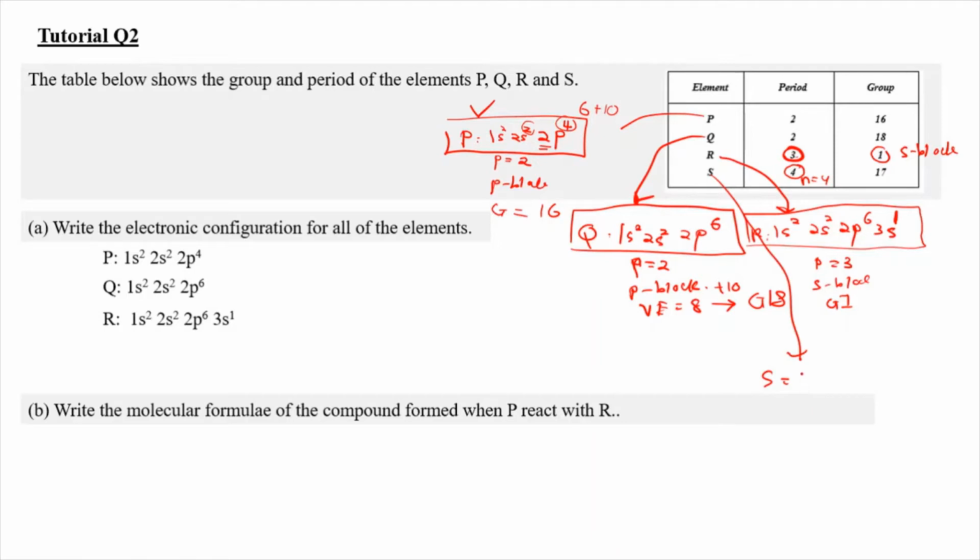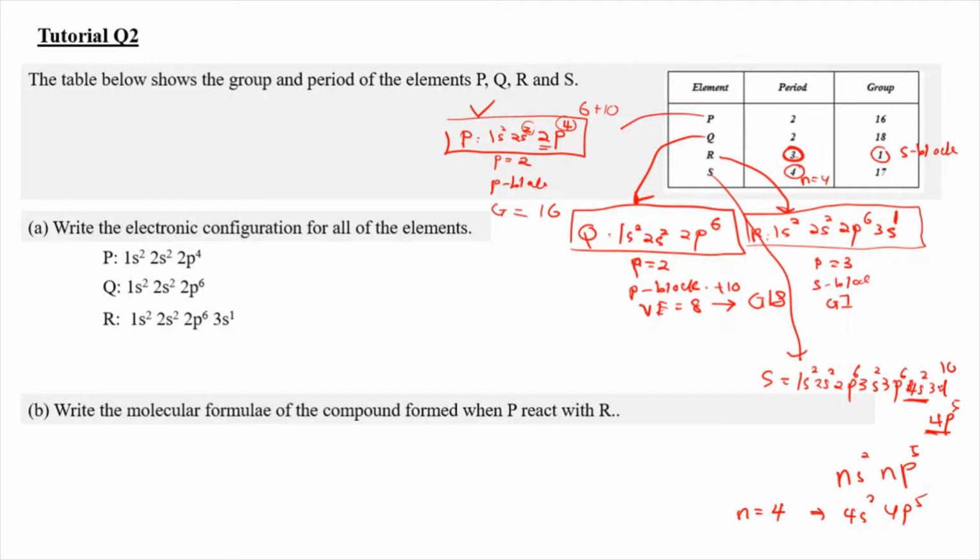So it's going to be 1s2, 2s2, 2p6, 3s2, 3p6, 4s2, 3d10, and then 4p5. Okay, because we're going to have the configuration to be ns2 np5 here, where n is equal to 4. Therefore, we're going to get 4s2, 4p5.